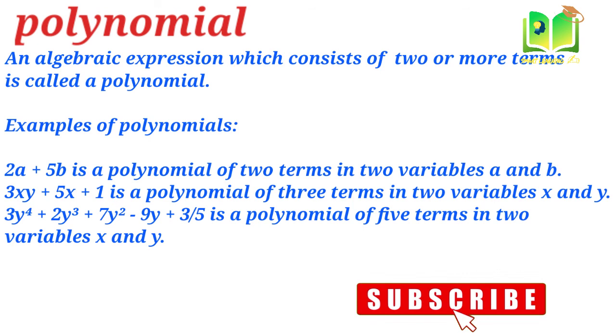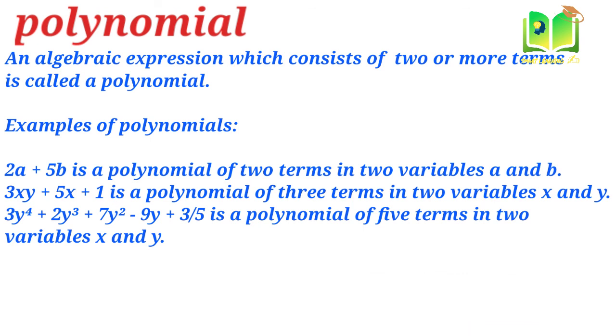From these examples we can conclude that binomials and trinomials like 3xy plus 5x plus 1 are special types of polynomial. So I hope from these examples it is clear which type of algebraic expression is known as a polynomial.